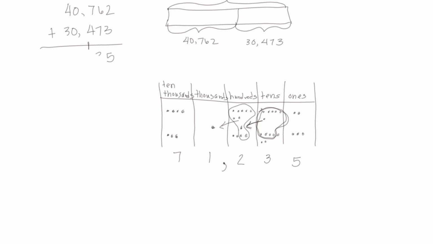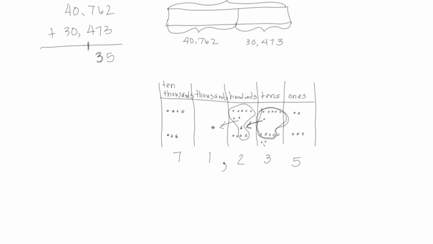3 tens here. So 13 is the same as the 3 tens I had left here plus the 1 ten. So now I have 7 hundreds plus 4 hundreds plus 1 more 100 would be 12 hundreds.